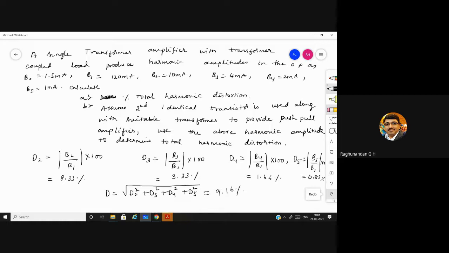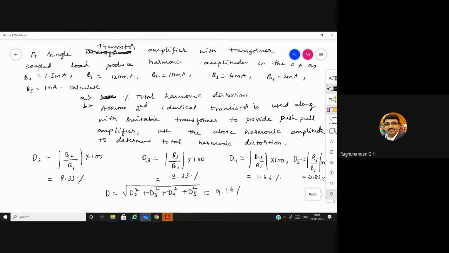provide a push-pull amplifier. So whenever this kind of situation is given, you should remember one thing. Whenever a push-pull amplifier is designed, they are just telling you a single transistor amplifier is now converted into two. In the question, change it as transistor, not transformer: a single transistor amplifier with a transformer coupled load.